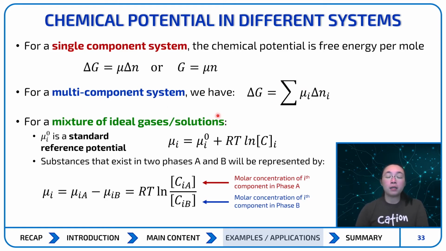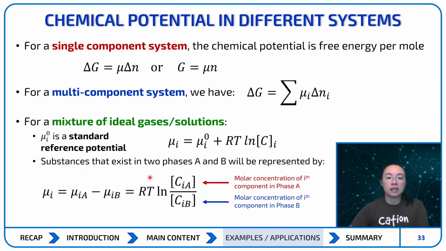If you have a mixture of ideal gases and solutions, then we have to introduce another parameter, and we call it mu naught i. That is going to be the standard reference potential. You have the same equation for G over here, but you have to add a starting point for where that potential is.